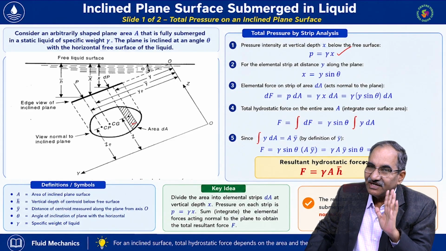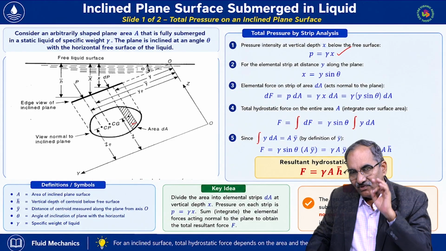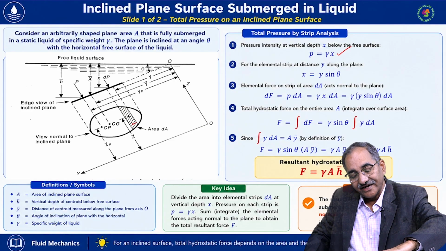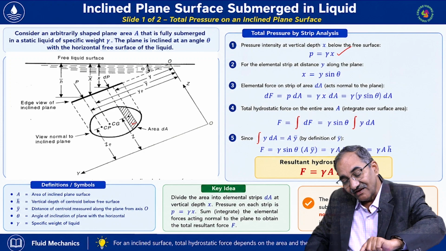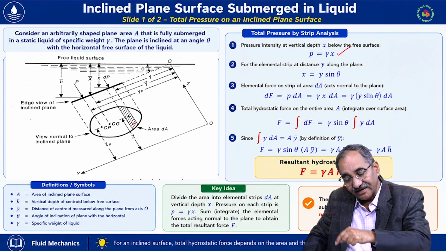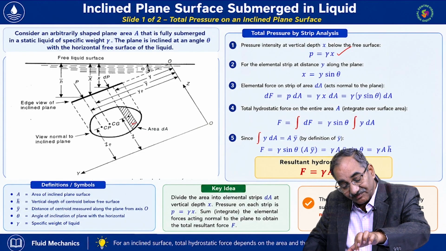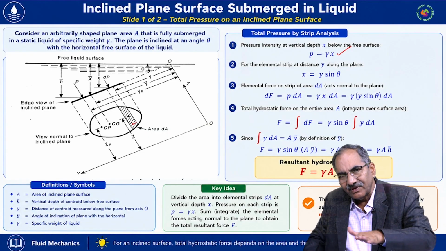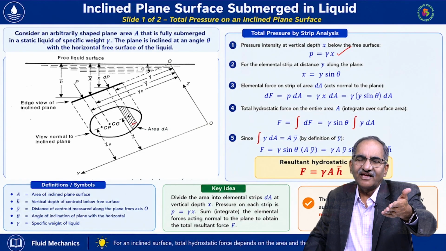So you understand the principle of how I am doing it? For a moment, I take this as a vertical plane surface, and OO is its free surface. It is imaginary, it doesn't exist. Because I already derived the vertical case in previous classes, we derive it first as if this were a vertical plane surface.